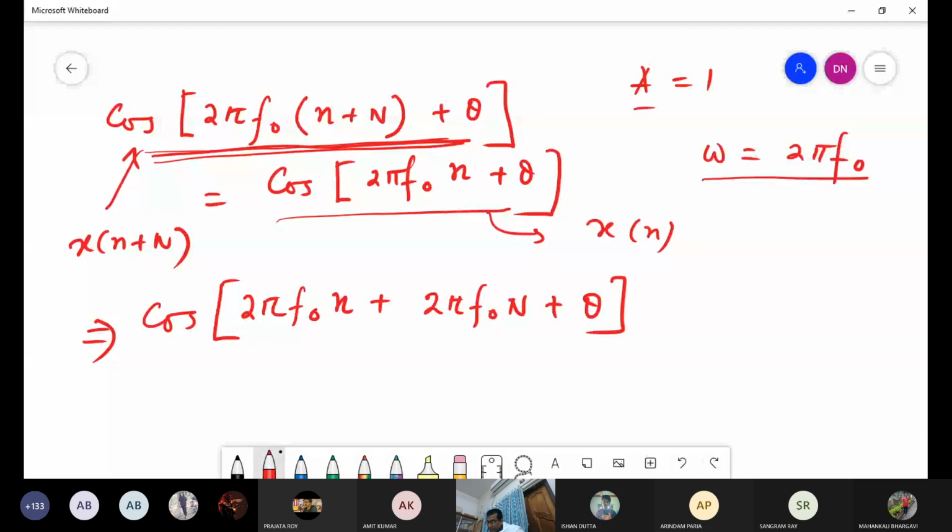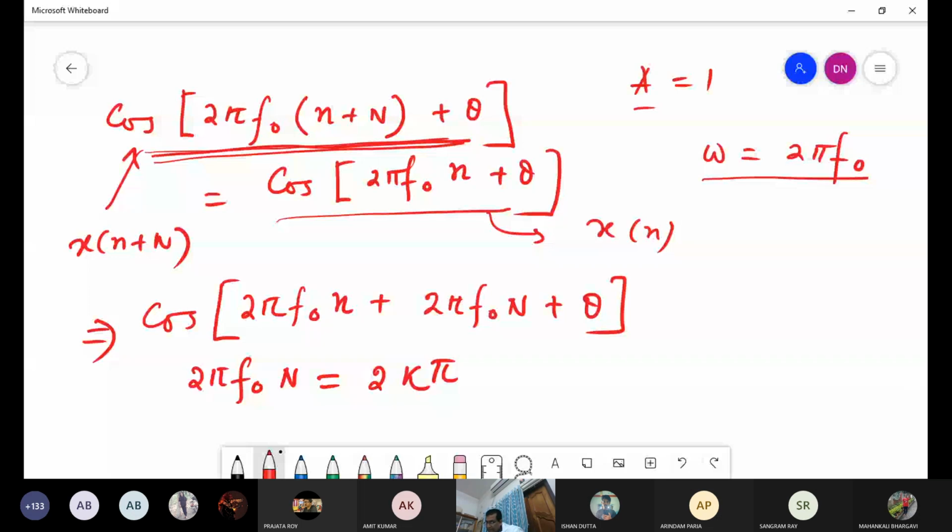For this left hand side, let us consider that twice pi f naught capital N is equal to twice k pi, where k is another integer.